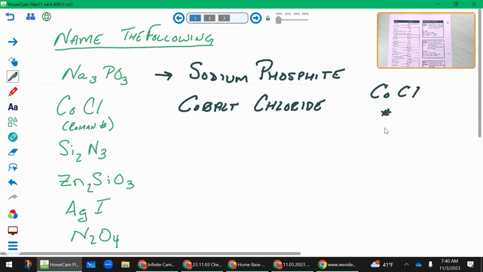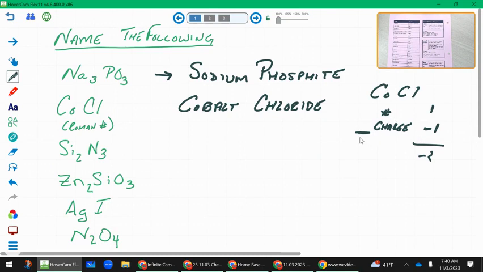I need to know the number of the atoms in the compound, and I need to know the charge of each. Now, the problem is I don't know what the charge of the metal is. I do know what the charge of chlorine is. Chlorine is a -1. There is one of them in this compound. So that means the total charge by all the negative part of this compound is a -1.